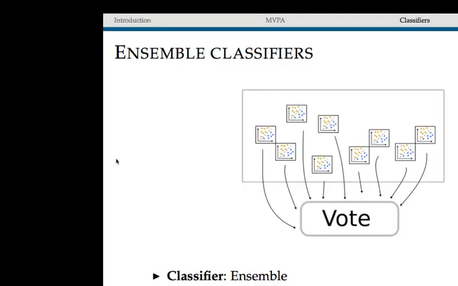One other thing that's implemented is ensemble classifiers. We've actually seen an example of an ensemble classifier this morning, which was the random forest. An ensemble basically means that you train a lot of classifiers. In random forests, it's a lot of decision trees, but it could be arbitrary. You could train a lot of LDAs, for example, on subsets of the data.